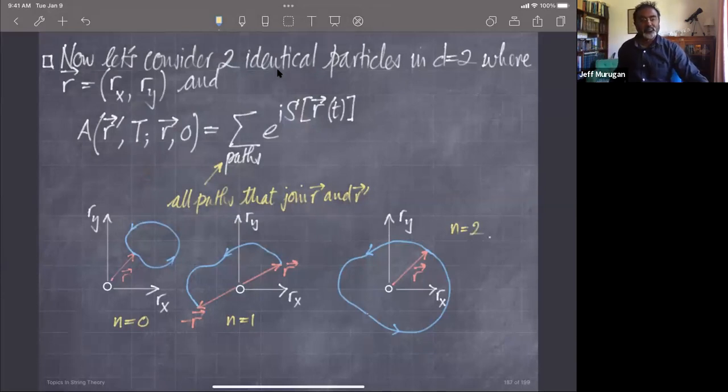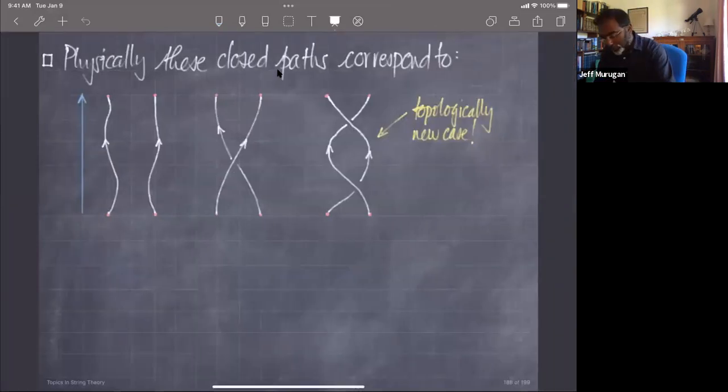Okay. So what this means is that instead of summing over some hand-wavy definition of paths, I can now tell you how to sum this amplitude.